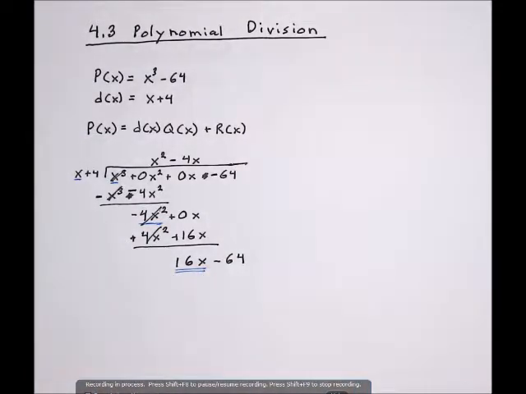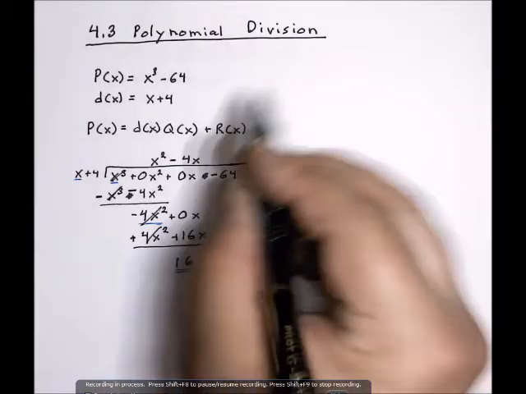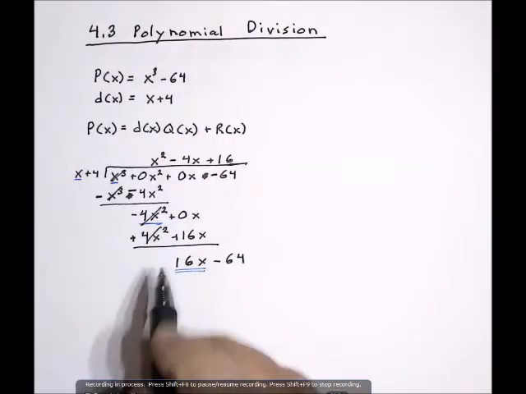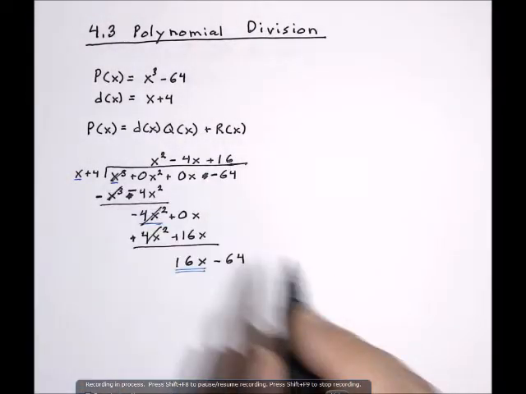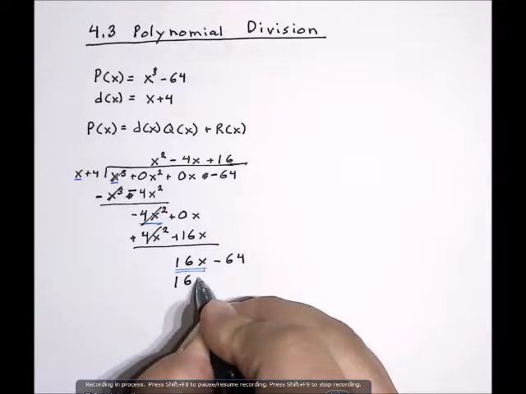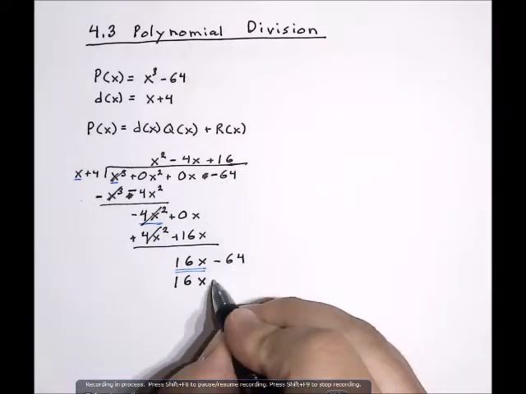And I need to multiply this by 16 in order to turn it into 16x. So now I'm going to multiply this entire polynomial by 16. And 4 times 16 is 64.